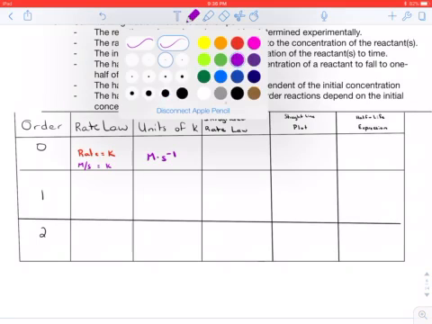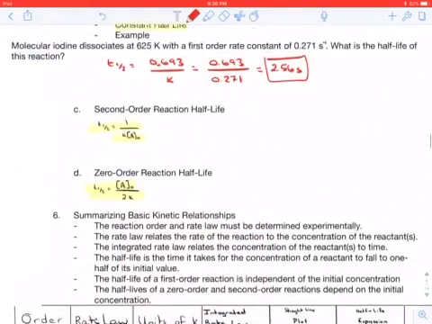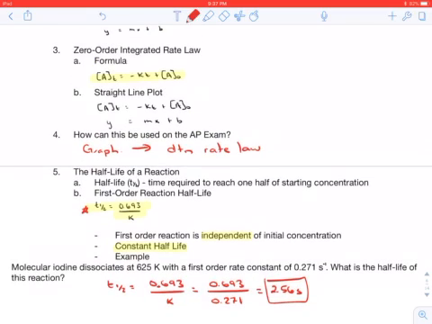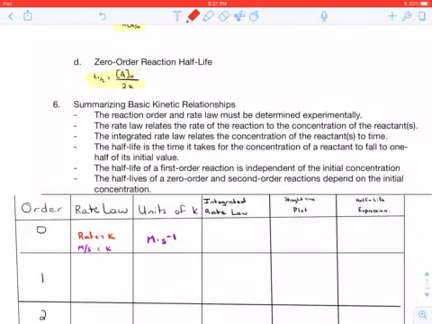Okay? Our integrated rate law, this is what we learned how to do today, and that is where we're going to go right back up here to this formula, this guy right here, and we're going to transfer it down there. A sub t equals A sub 0 minus kt.